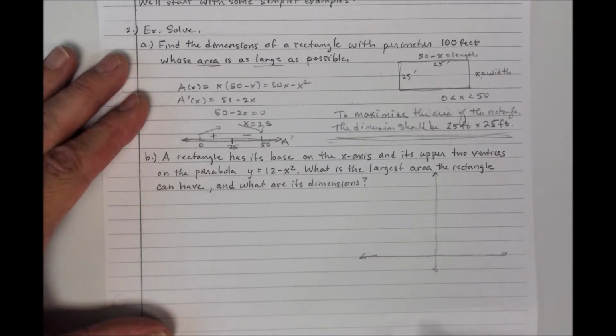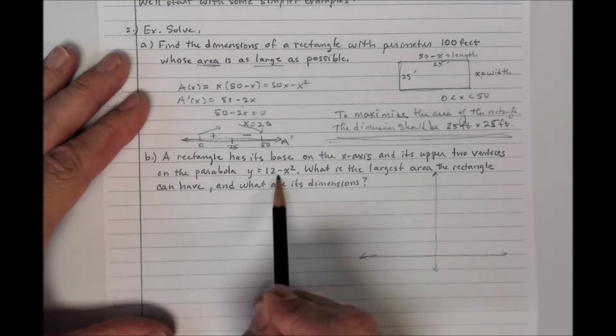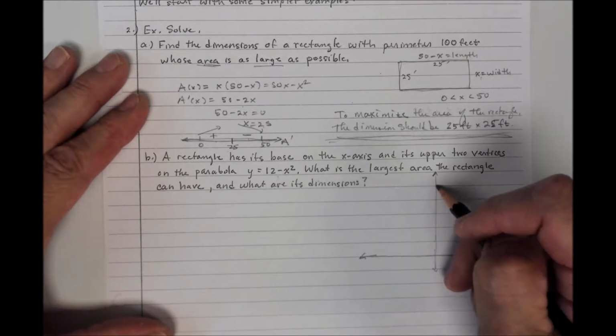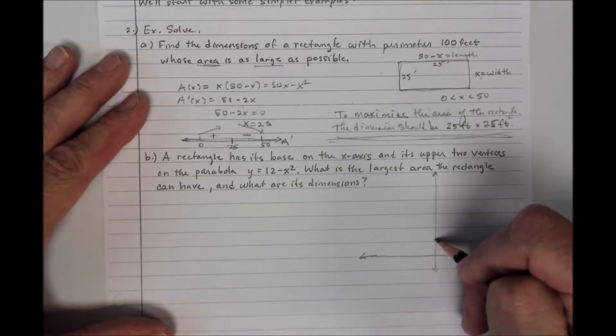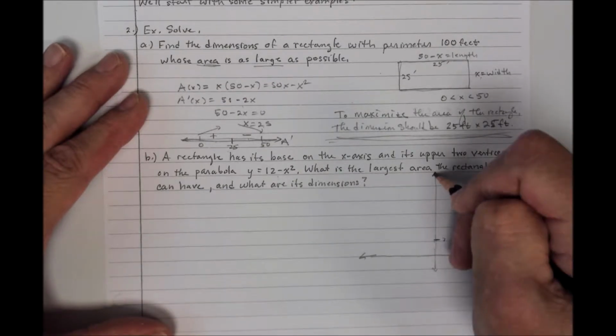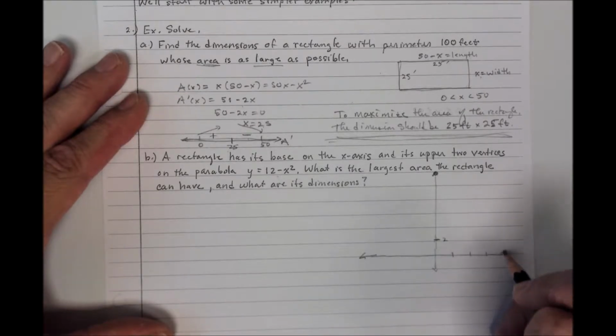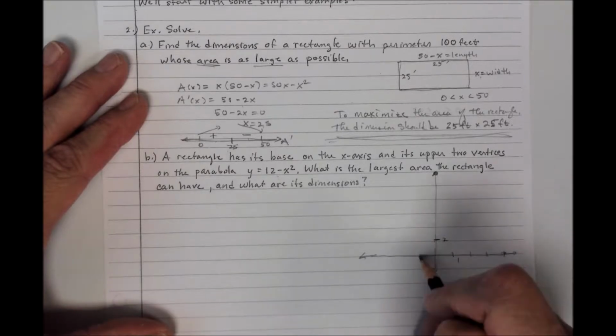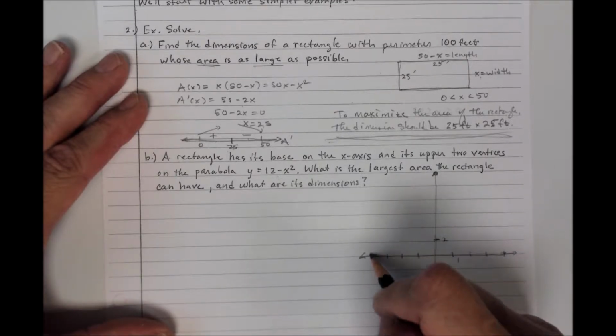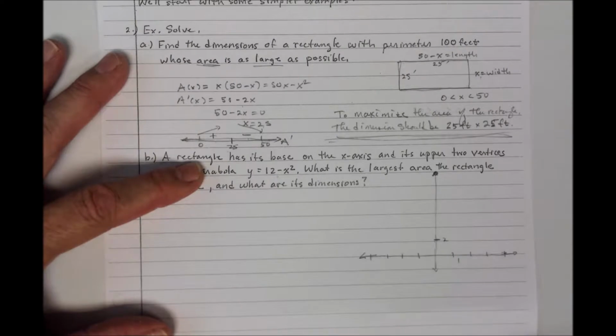Okay, so let's see. My vertex would be at (0, 12). 1, 2, 3, 4, 5, 6. Well, I'm going to have to go by twos here. And let's just make these ones: 1, 2, 3, 4. I've got symmetry with this graph because the axis of symmetry is the y-axis.